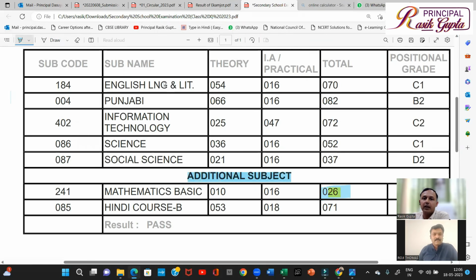It is not showing in the first 5 subjects because the student could not clear it. Whereas subject code 402, information technology, which was actually the 6th additional subject, has moved up in the list of first 5 subjects, and the result has been declared pass for this student.